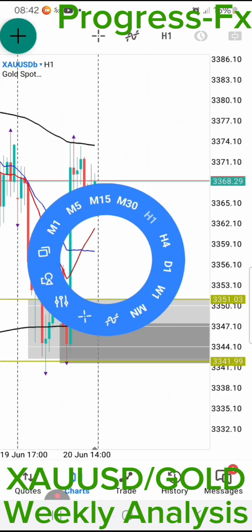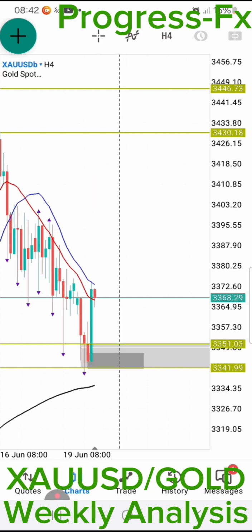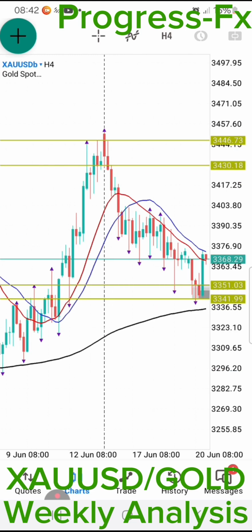What I did not show you was that this bullish engulfing candlestick on H4 did not actually engulf this H1.